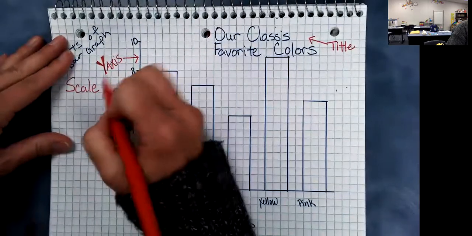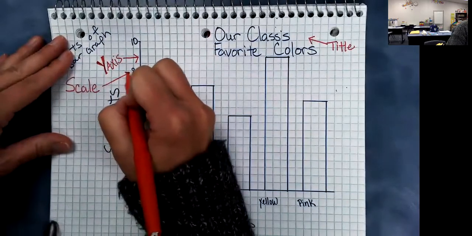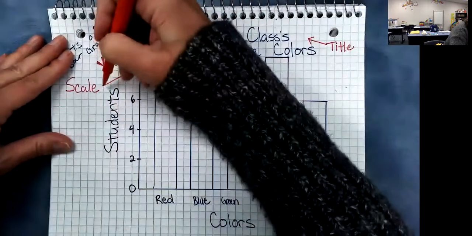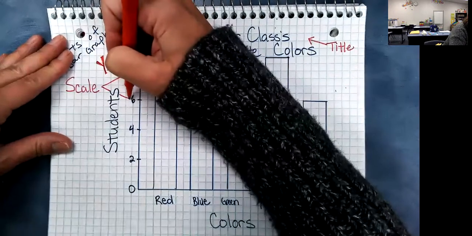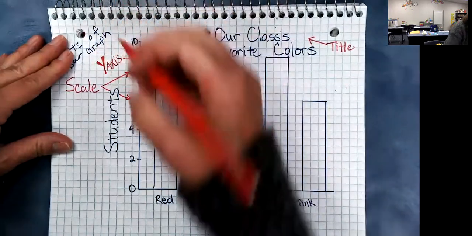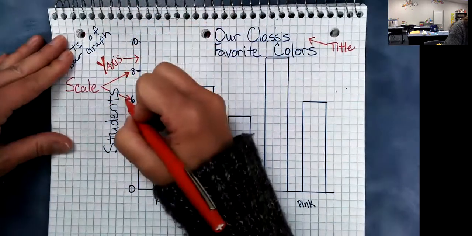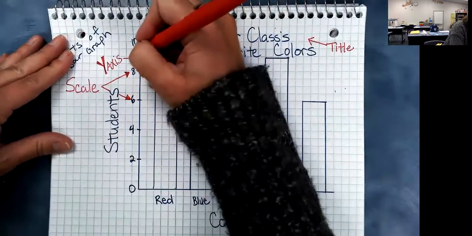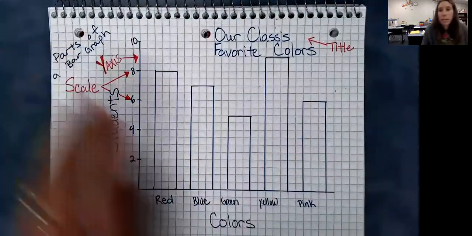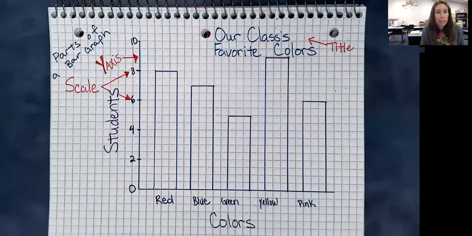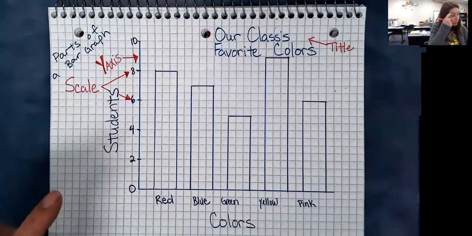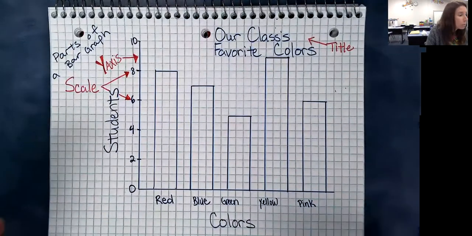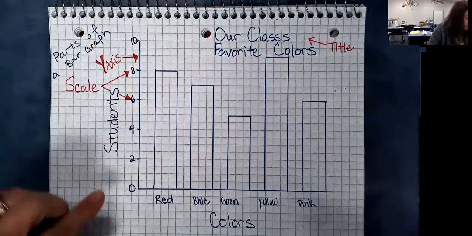Scale. And that is these numbers here. The scale is how your numbers are going up. So I counted by twos, and that's my scale. It shows the units used on the y-axis.